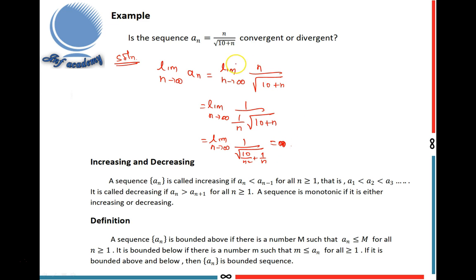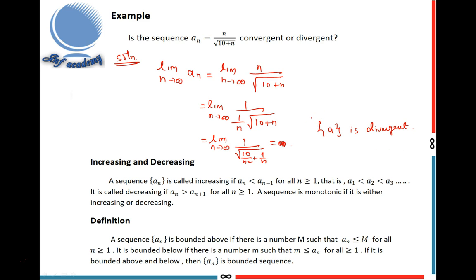So the sequence an is divergent because limit n tends to infinity an does not exist. This is one example of how to check whether a sequence is convergent or divergent.